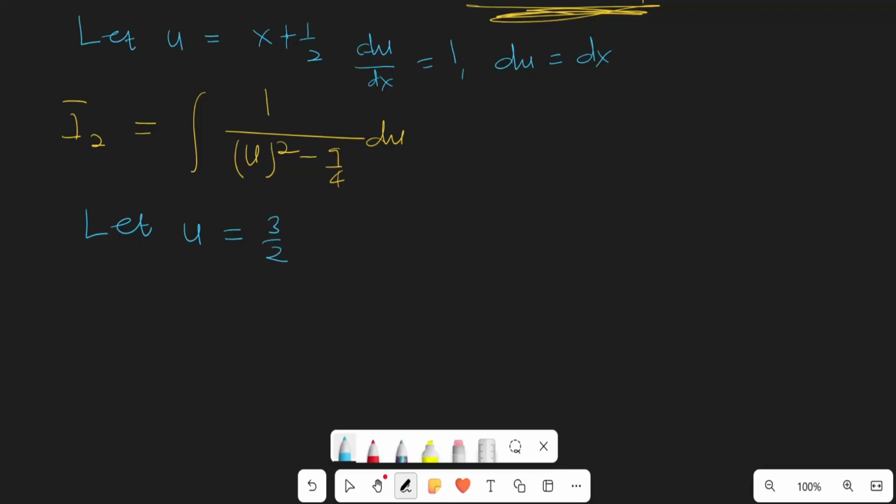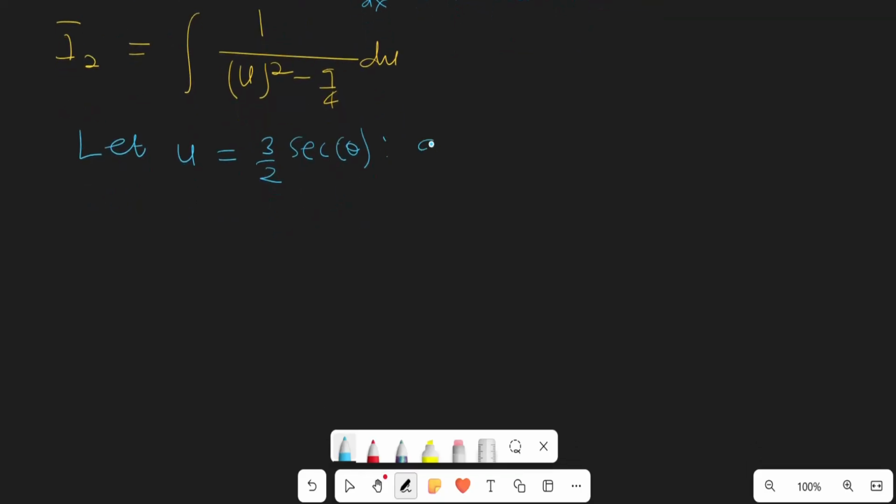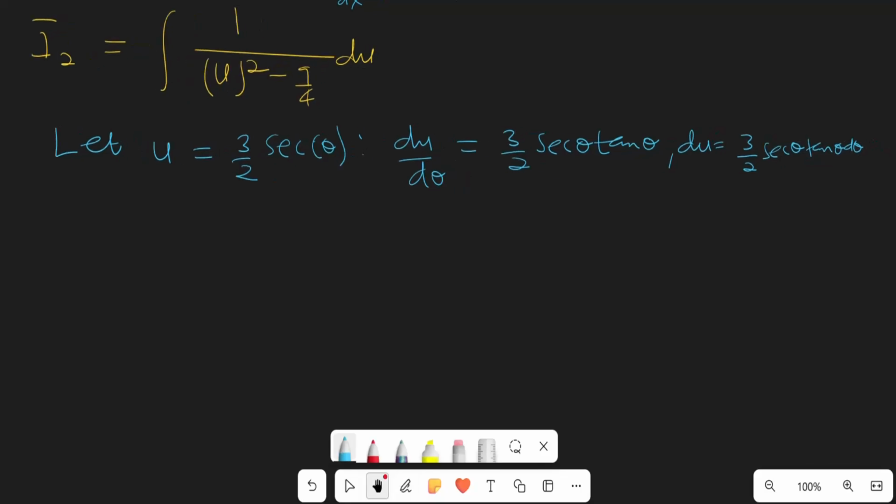So let u equal 3/2 secant theta. Then du d theta is equal to 3/2 secant theta tangent theta. That implies that du is equal to 3/2 secant theta tangent theta d theta, like that.